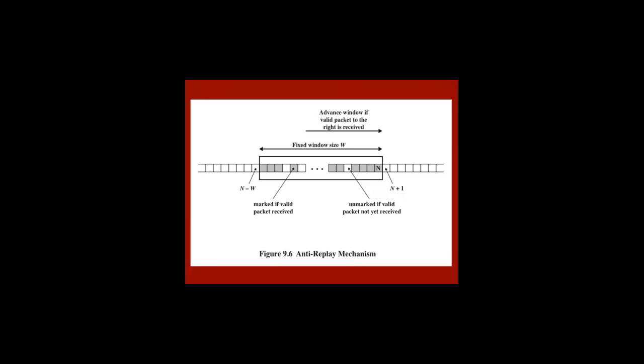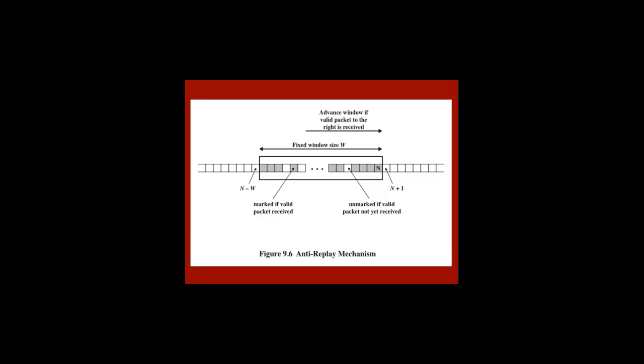Inbound processing proceeds as follows when a packet is received. If the received packet falls within the window and is new, the MAC is checked. If the packet is authenticated, the corresponding slot in the window is marked. If the received packet is to the right of the window and is new, the MAC is checked.